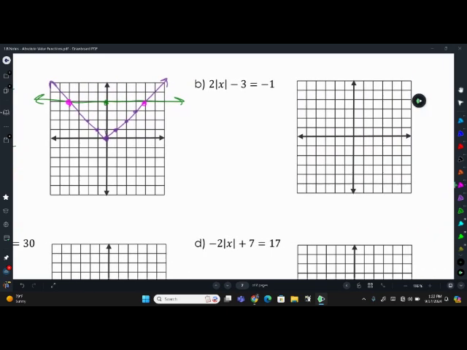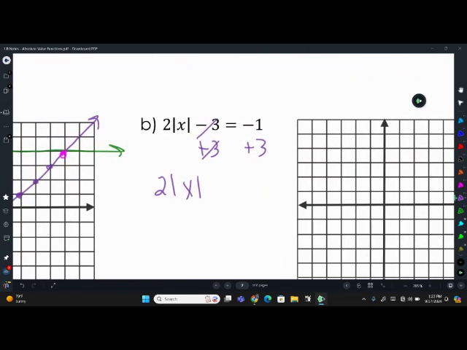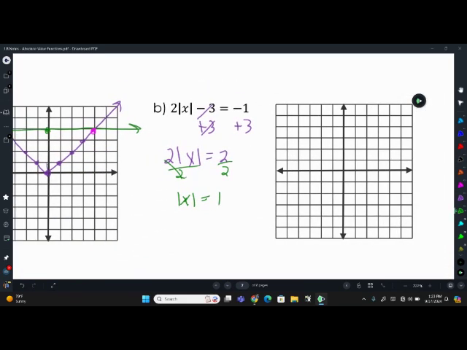Now, letter B, we have to first add 3 to both sides. That will get almost the absolute value bar by itself. So 2 times the absolute value of x equals -1 plus 3, which is 2. Divide both sides by 2. The absolute value of x equals 1. So now we'll again graph the left side.